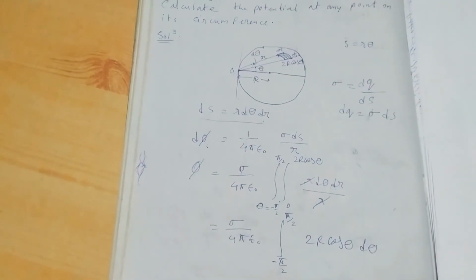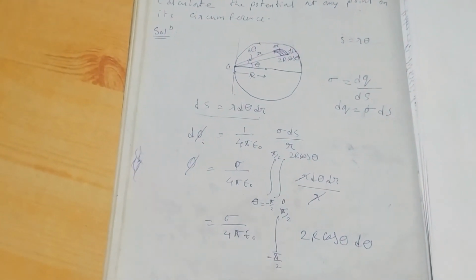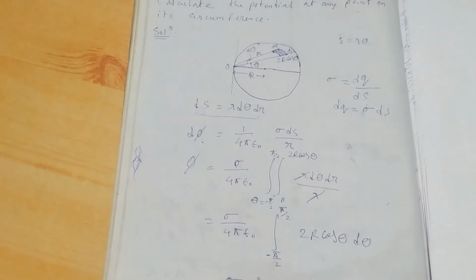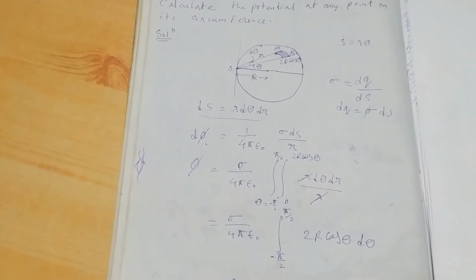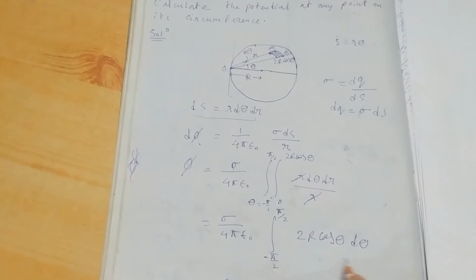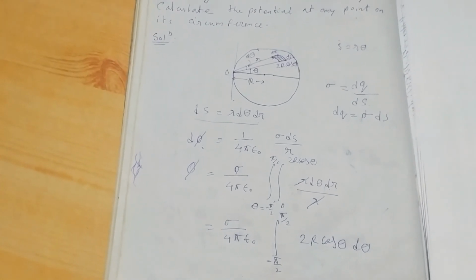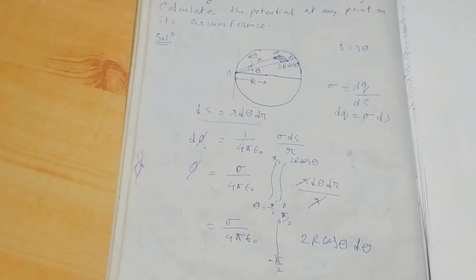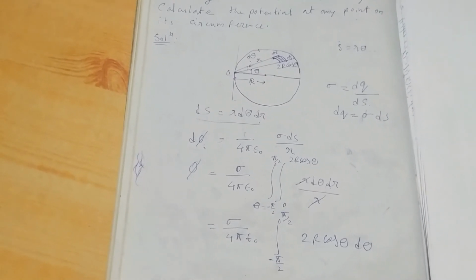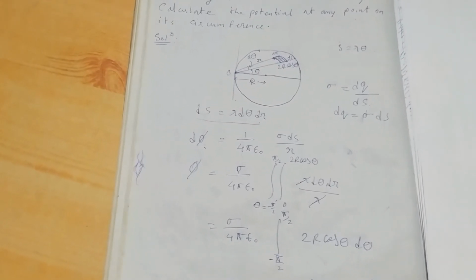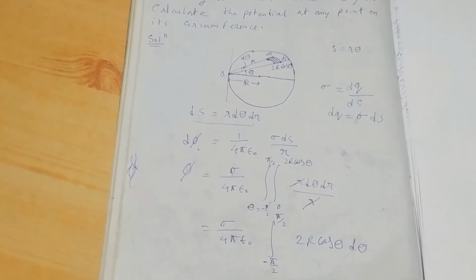Let's do the rest of the math now. 2r will be outside, the integral of cos theta d theta will be sin theta, from minus pi by 2 to pi by 2.